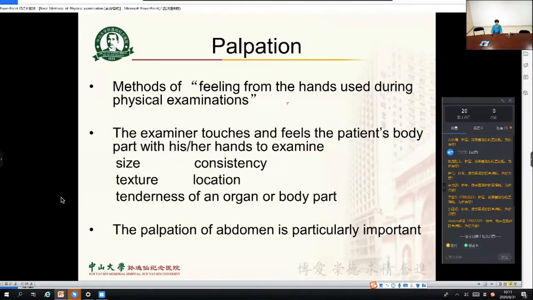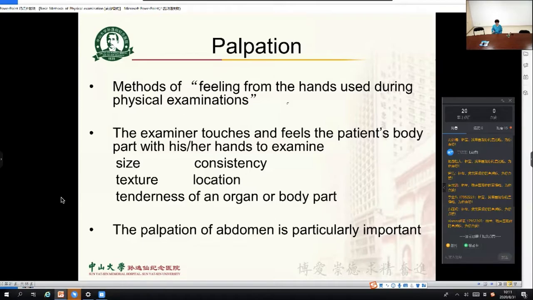And the second principle for physical examination is palpation, the method of feeling with the hands used during physical examinations. The examiner touches and feels the patient's body part with his or her hands to examine the size, the consistency, the texture, the location, and tenderness of an organ or a body part, especially an enlarged organ or enlarged lymph node masses.